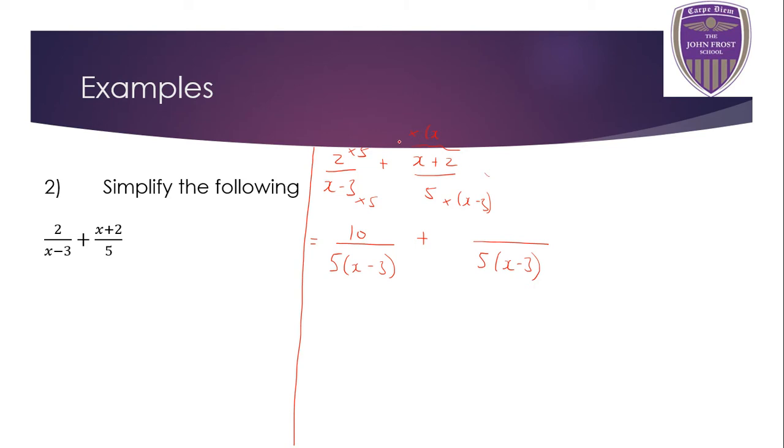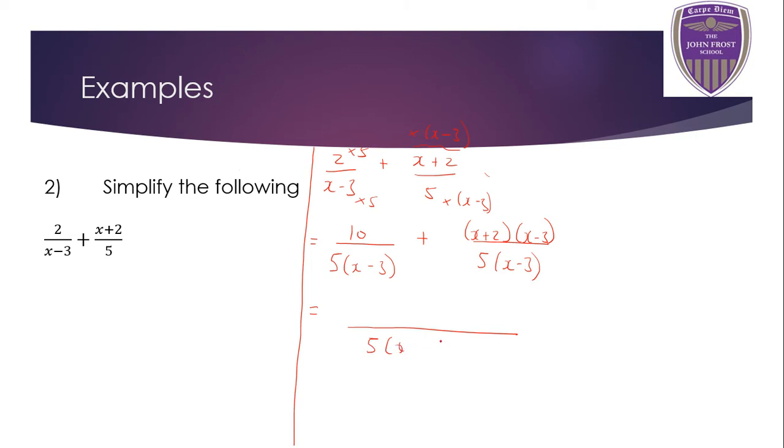Now I wouldn't try here. I wouldn't try to do this in one line. I'm actually going to write down that I'm times the entire top by x minus 3. Okay. Now it will probably be easier, first of all, to combine the numerators.